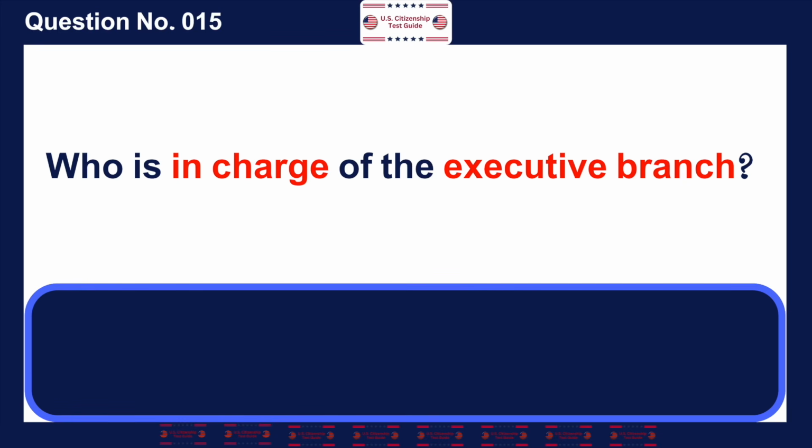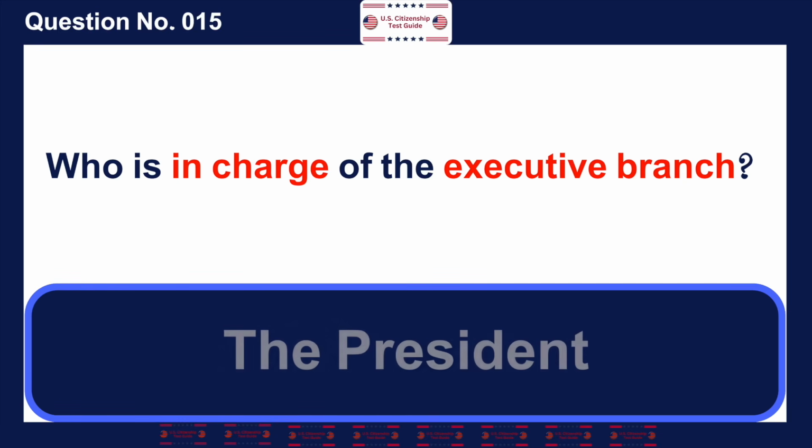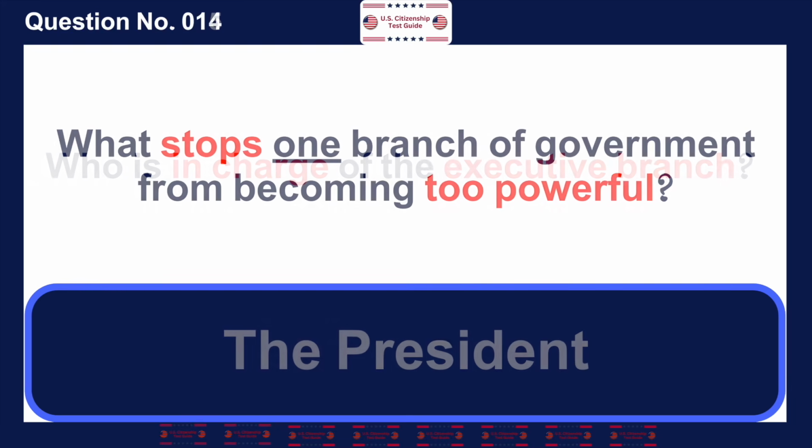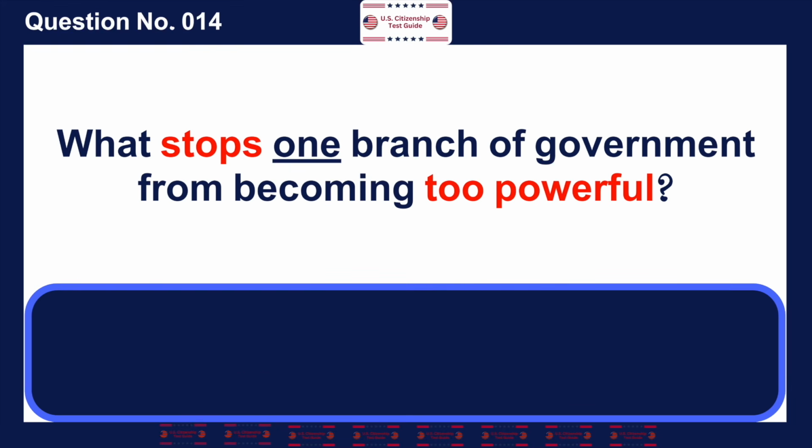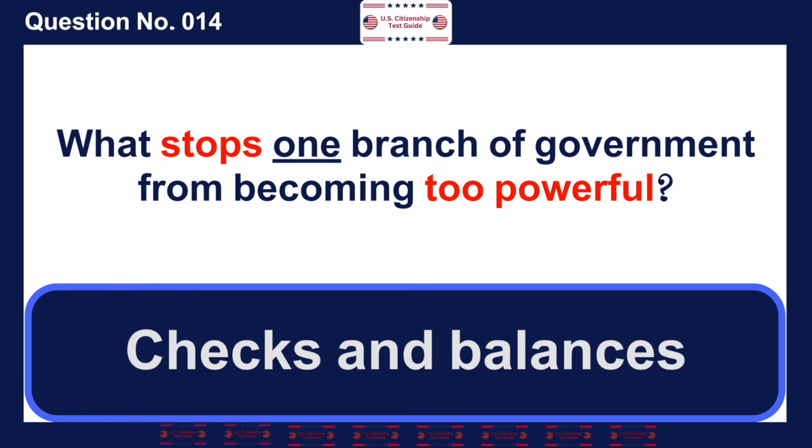Who is in charge of the executive branch? The President. What stops one branch of government from becoming too powerful? Checks and balances.